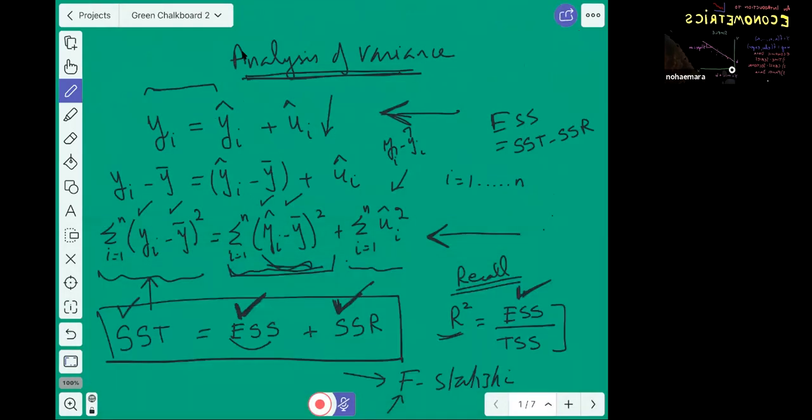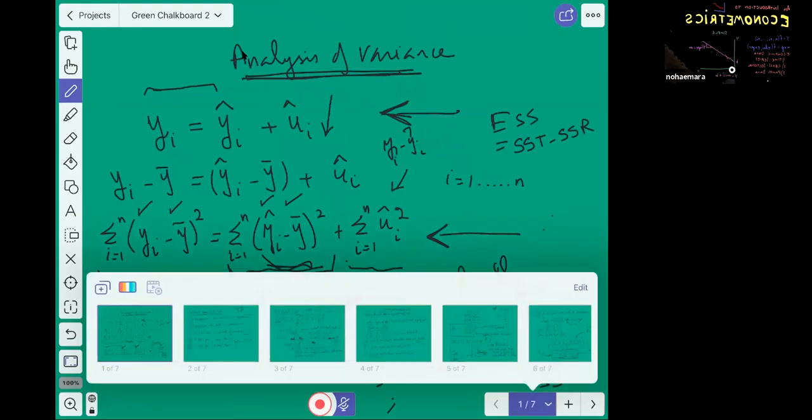The R square is the ESS over TSS, but I can also use the SSR, right? I can open the R square and say, the R square has another equivalent way, we can always write it as 1 minus SSR over TSS. So again, this is still the R square. I can use the measure of fit based on the R square, or based on the SSR. Both are equivalent.